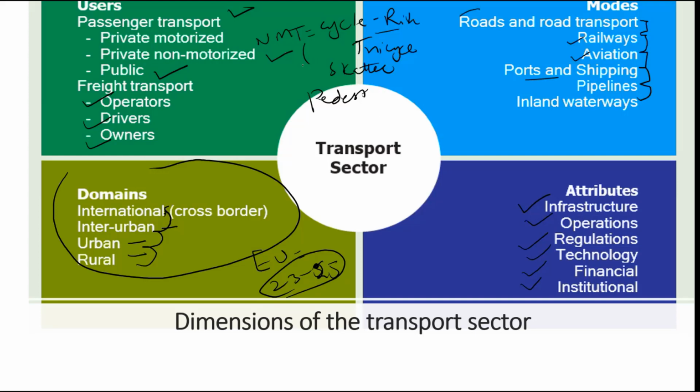It means the whole system. When we merge all of them together, that is transportation management. So that is how we can integrate those users, domains, attributes, and modes together in order to formulate the country vision as well as the national transport policy.